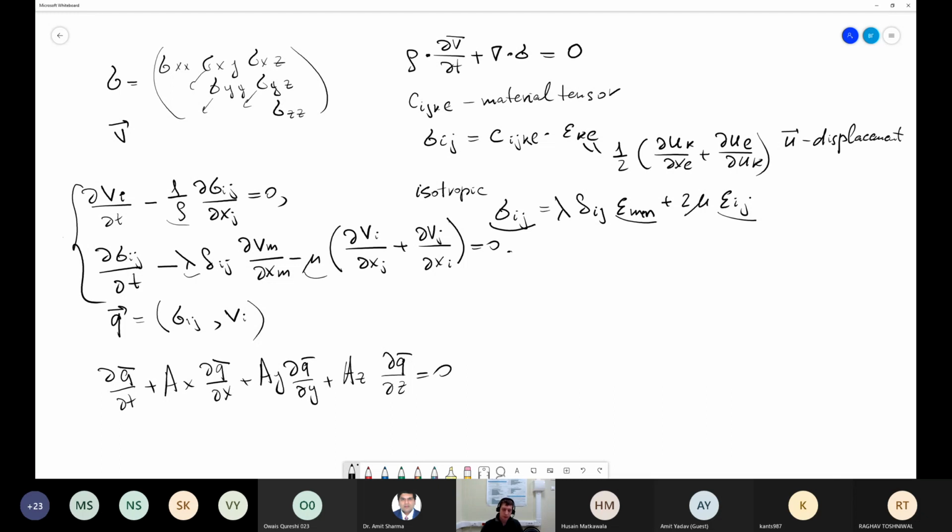And in the homogeneous case, we can repeat our procedure. Initially, we can split our 3D system into a set of 3 1D systems. We can analyze the eigenvalues of Ax, Ay, and Az, and we will obtain that all of these values are real.